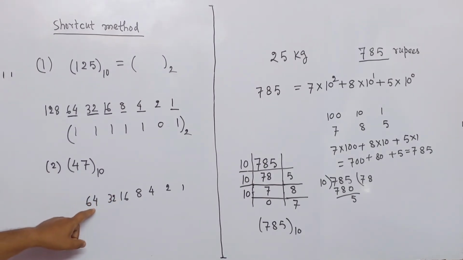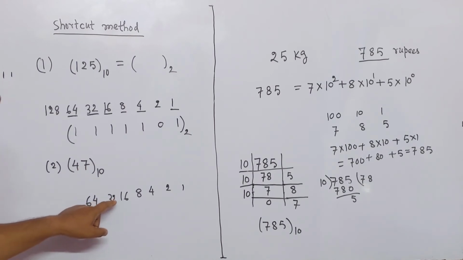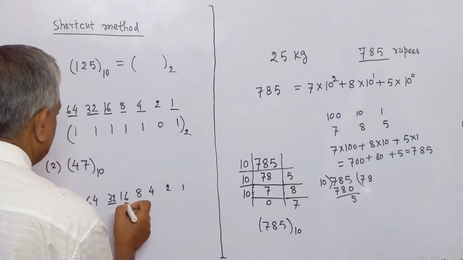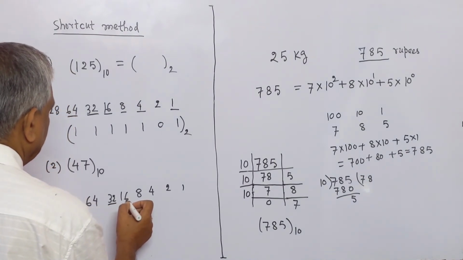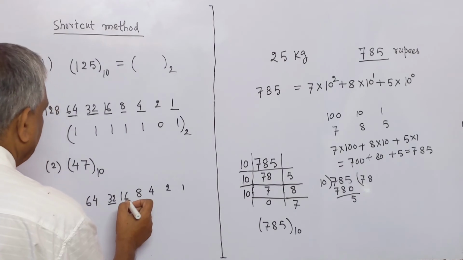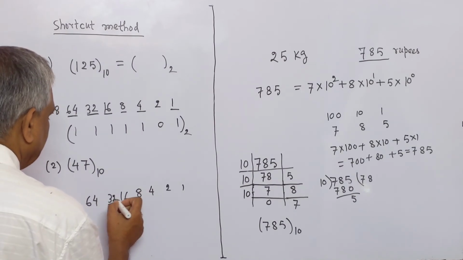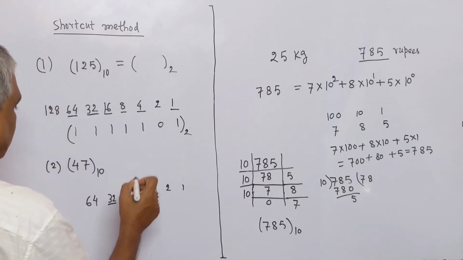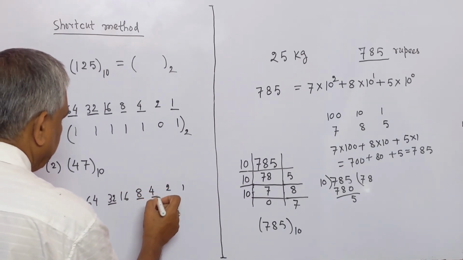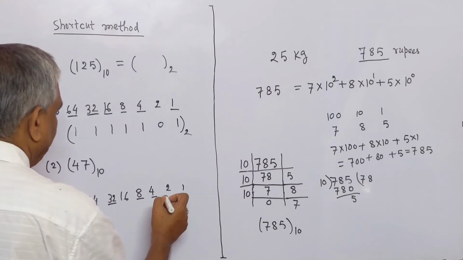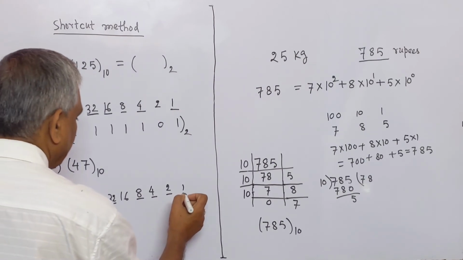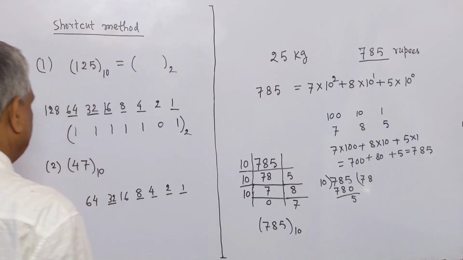So here 64 is more than 47, so we start from 32. 32 plus 16, 48, so we will not take this. 32 plus 8, 40. 40 plus 4, 44, plus 2, 46, plus 1, 47.